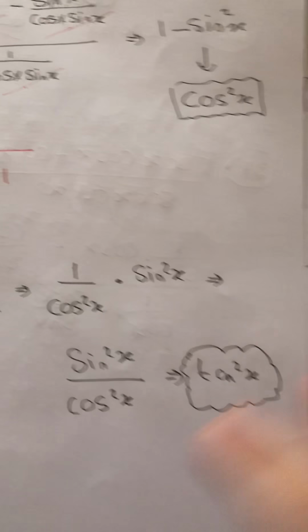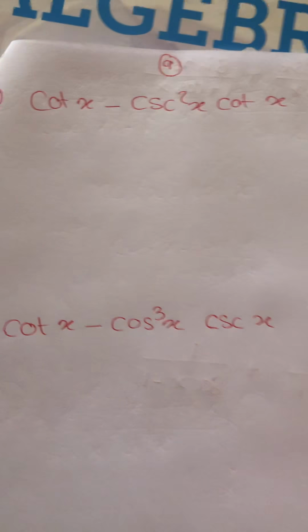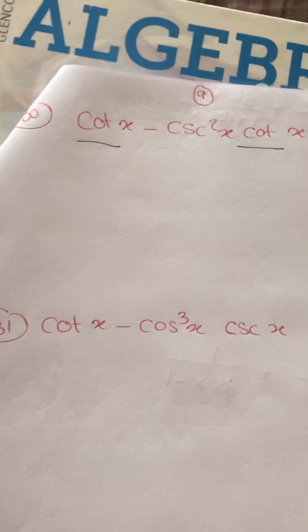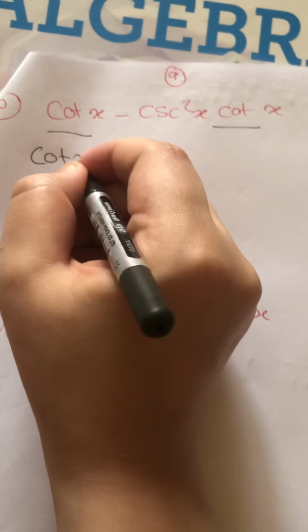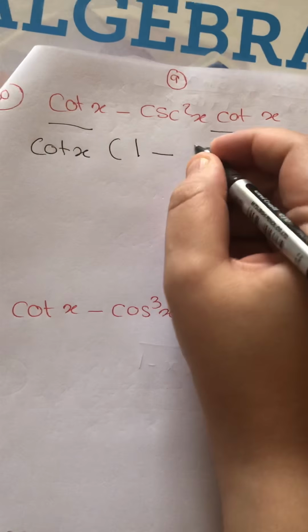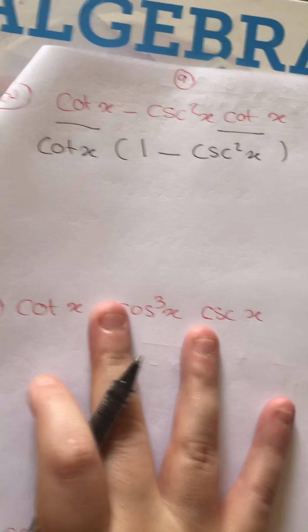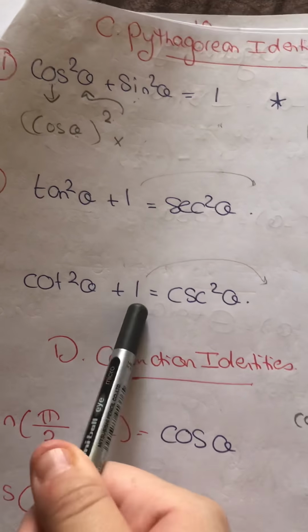Tan squared x. Okay? Regarding question number 30, it can be lovely, can be hard if you wish. I can take the greatest common factor over here, because I can see cotan x and cotan x, and this will make you solve it easier. Cotan x times 1 minus, what's left here is cosec squared x. And what's 1 minus cosec squared x? You will have to be very careful here.